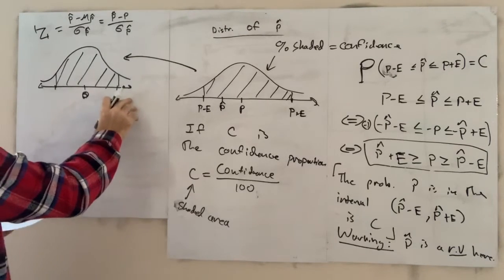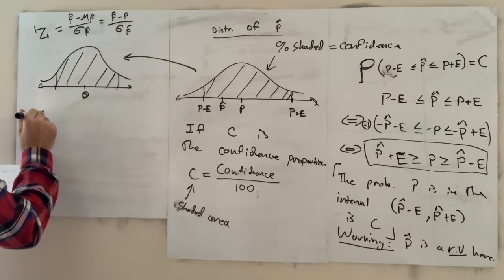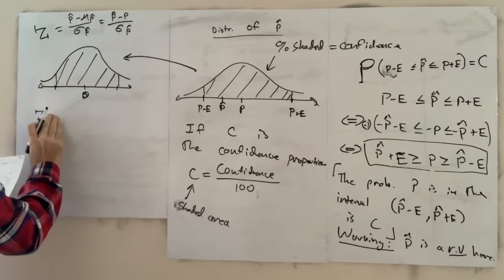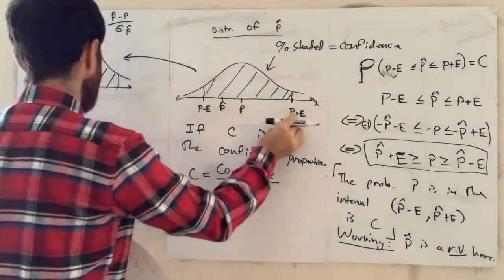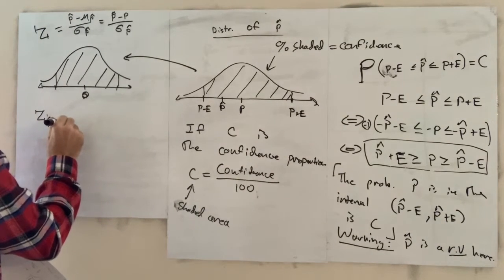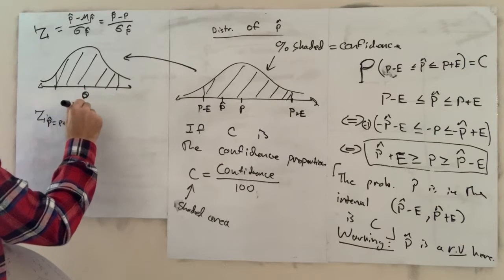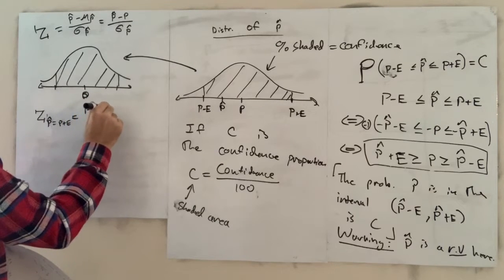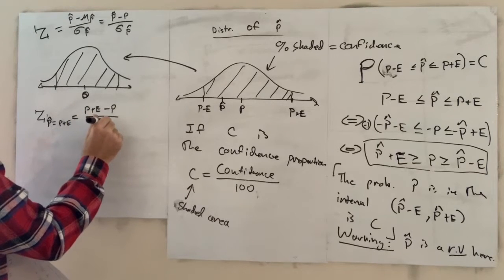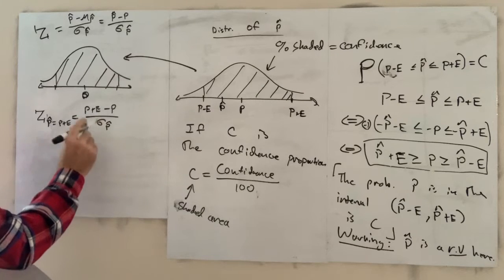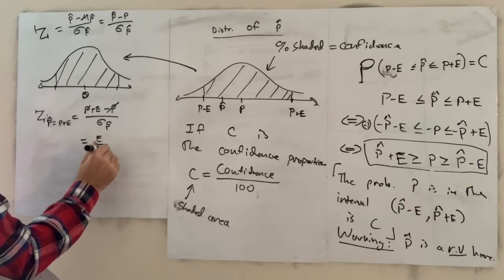And then what we want here is, if we plug in the value where p hat is equal to p plus the error term, you're going to get p plus error minus p over the standard deviation of p hat, which is just equal to E over the standard deviation of p hat.